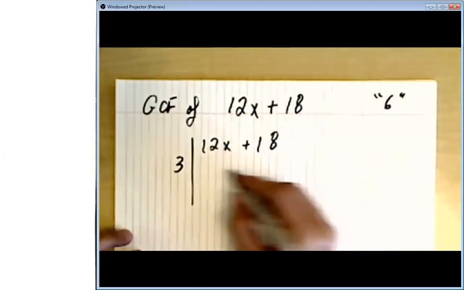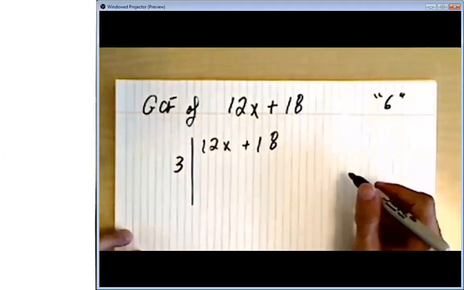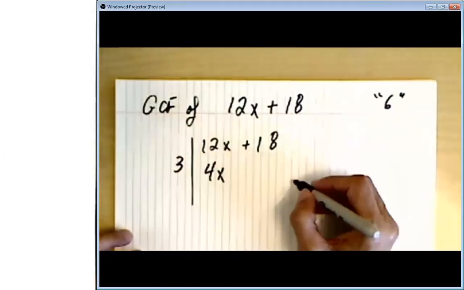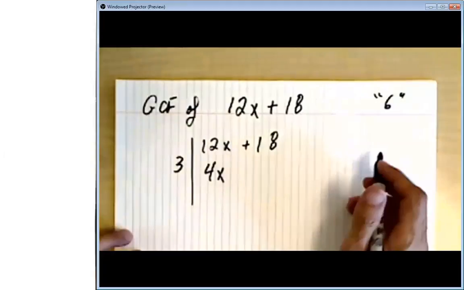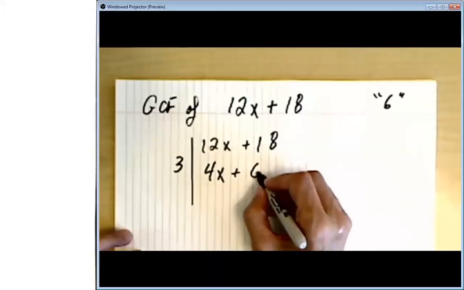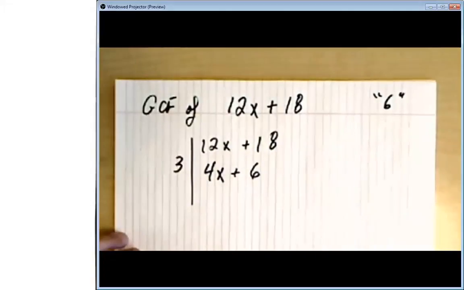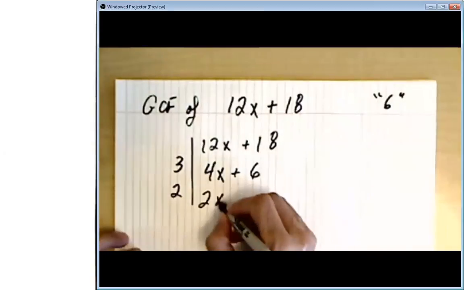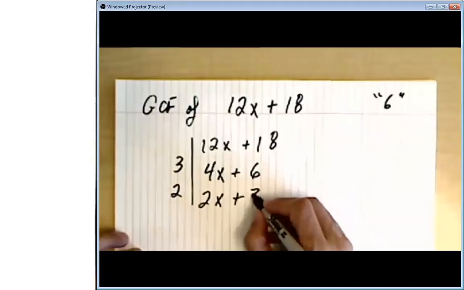What do you get? Nice. 4x plus 6 like that. Perfect. What else? 2, indeed. There's our 2. There's our 6 coming out. 2x plus 3, right on.